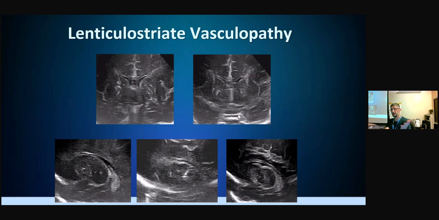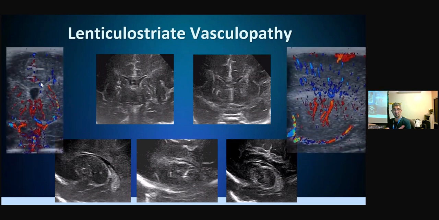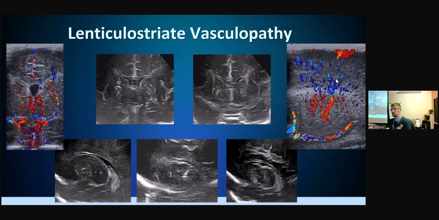So these are actually corresponding to the reflections from the wall of the lenticulostriate vessels. They are most of the time normal structures, but this corresponding to these lenticulostriate vessels. Most likely because of some settings, we are seeing the reflections from the wall.